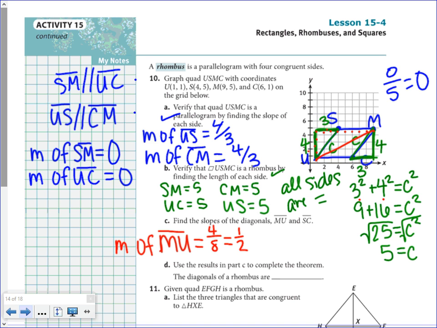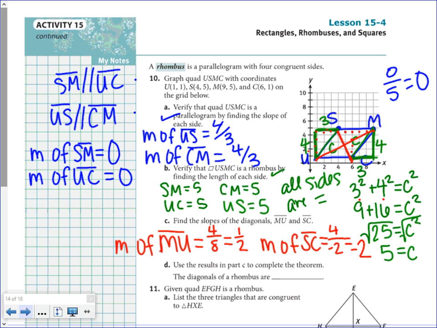For the slope of side or diagonal SC, we're going to go up 4 and to the left 2. So the slope of SC, 4 and then left is negative. 4 over negative 2 is negative 2. And those slopes aren't the same, which they're not supposed to be.